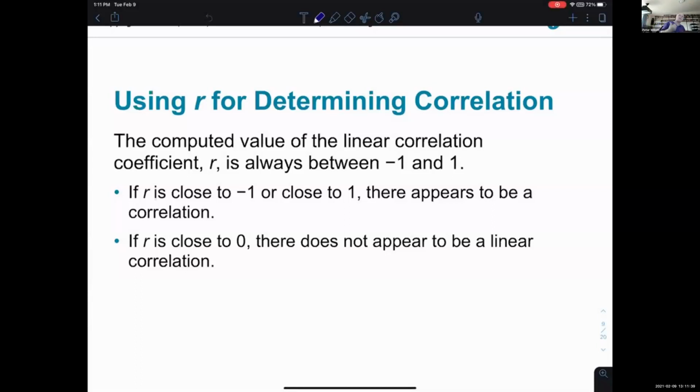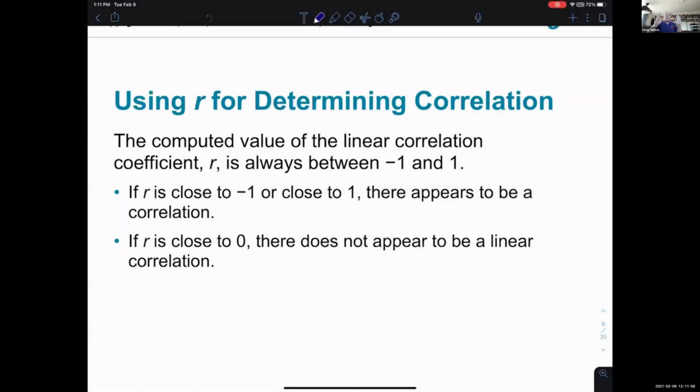So when you're looking at that value, if the R value is close to -1 or 1, then there appears to be a linear correlation. Being closer to the 1 values increases the strength of the linear correlation.